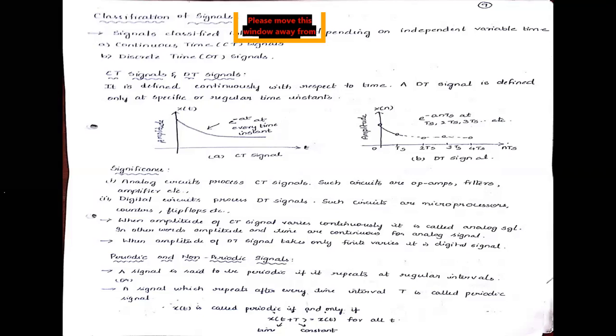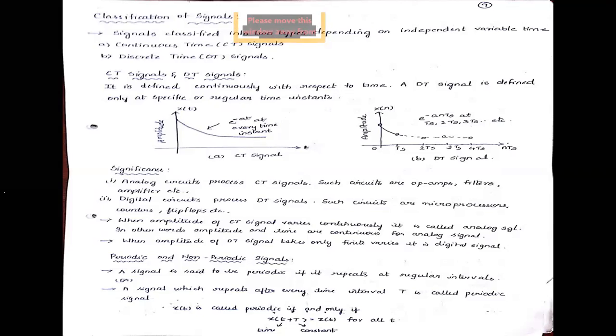A discrete time signal is defined only at specific or regular time instants. Continuous time function means at every instant of time. Discrete time function means at particular instants of time or only at specific regular time intervals.